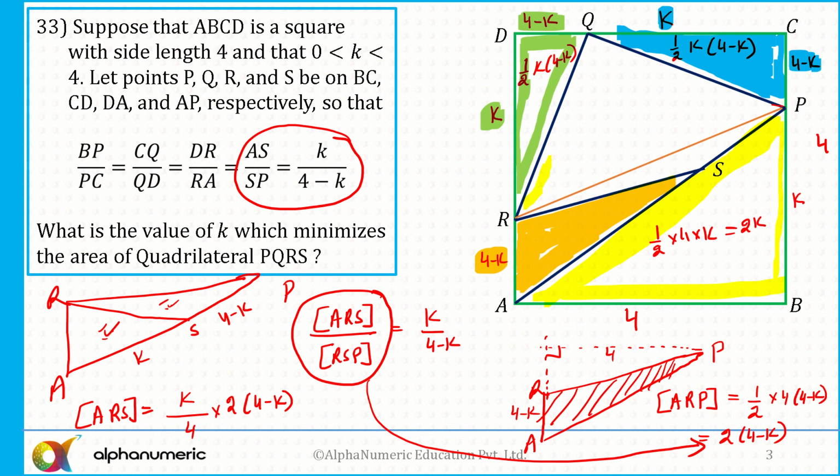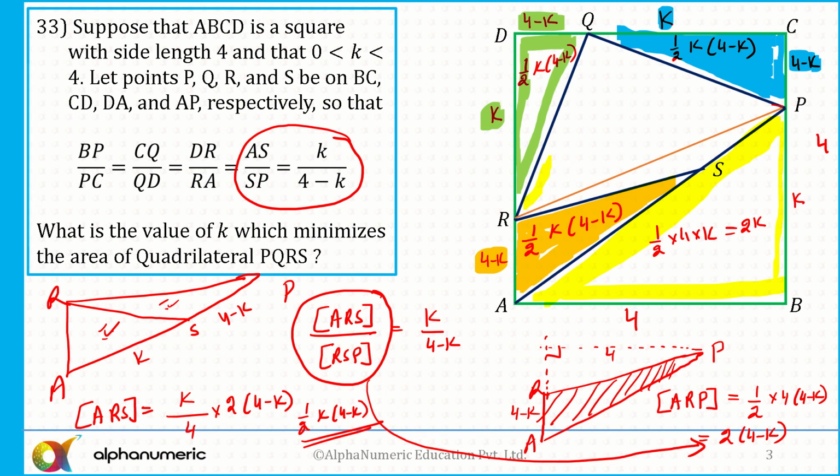If you solve this value, it comes out to be K, or I can say half of K into 4 minus K. So let me write down this value here. So area of triangle ARS is half of K into 4 minus K. I hope that this part is clear.